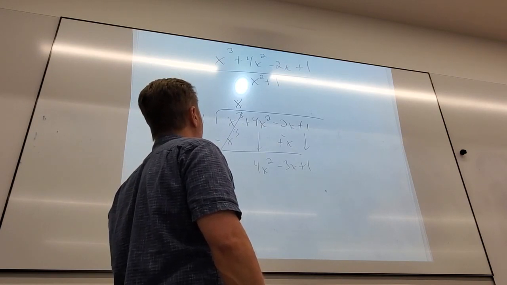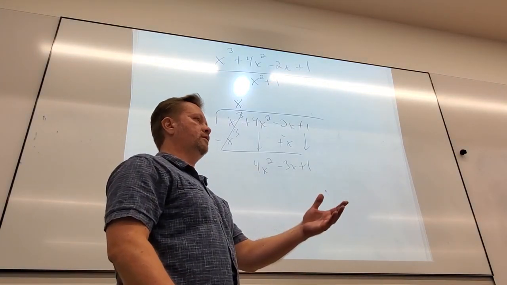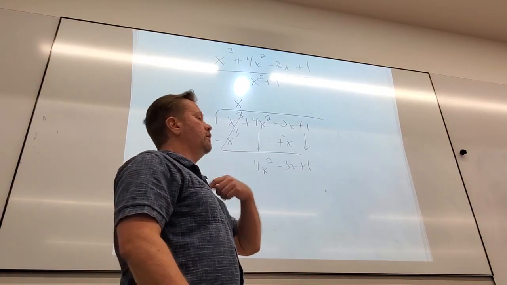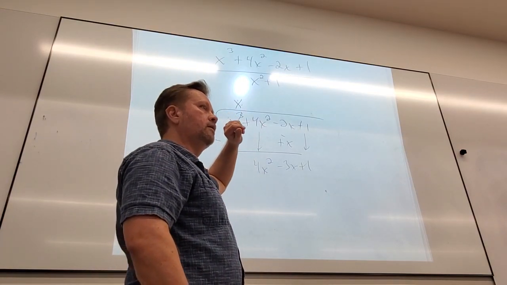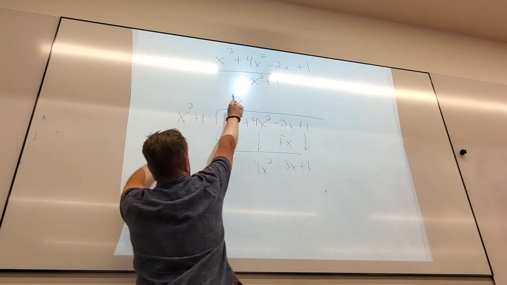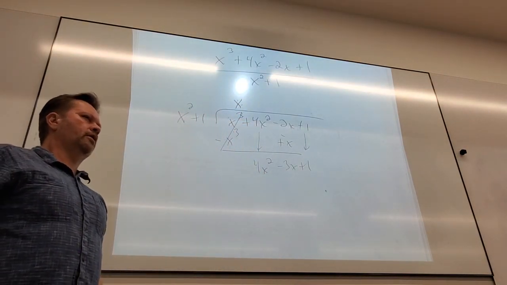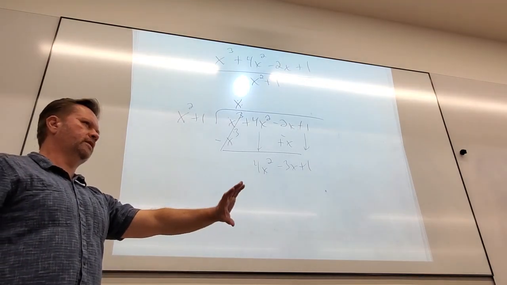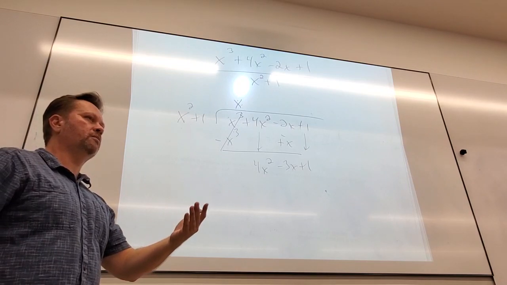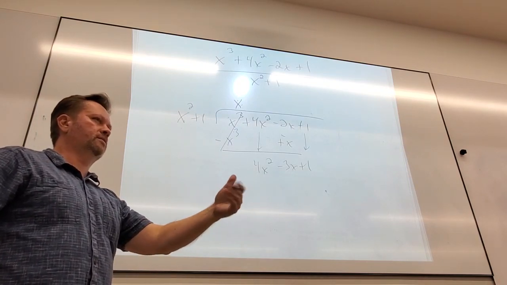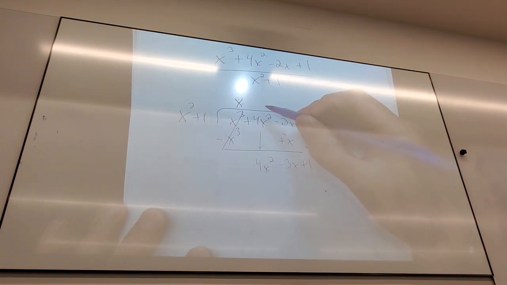Whichever way makes sense, you're going to end up with the same answer. For me, this is what makes sense, because x squared times 1 is x cubed. It kind of lines up better. It doesn't matter where you put it, whatever makes sense. So for the book, it made sense to put it somewhere else, which I wouldn't agree with, but they come up with the same answer. Does it make sense? Okay. Oh man, what's the next step here?